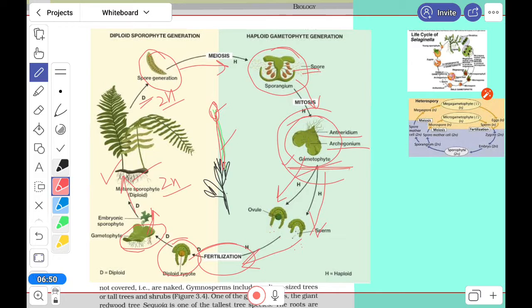So the sporophyte and the gametophyte are two different plants. They are independent and do not depend on each other, but in bryophytes we saw they are on the same plant and depend on each other. You have to keep in mind this difference.